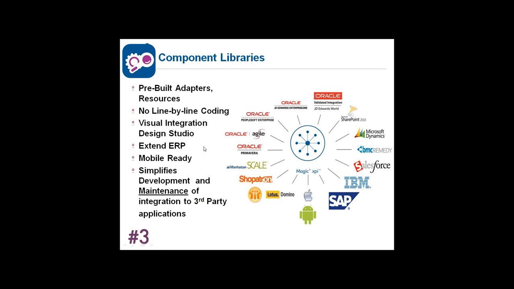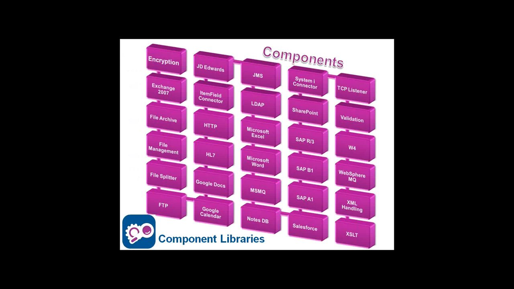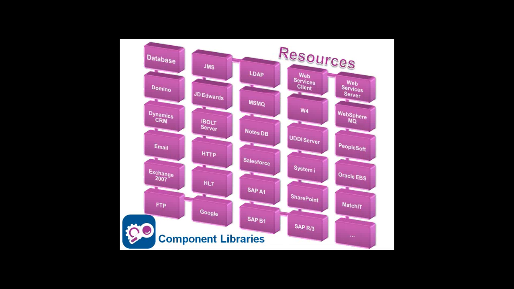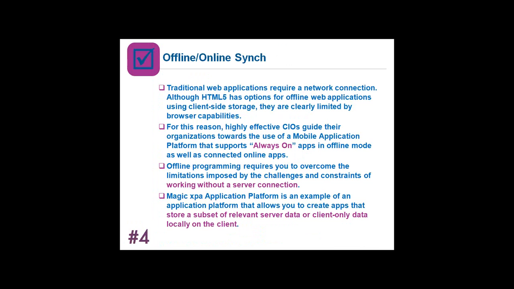And with Magic XPI's integration platform for JD Edwards, you have a wide variety of components that give you the ability to work not only with applications, but as we said, with various kinds of resources and methods, and we'll talk about some of those logical capabilities later on as well.